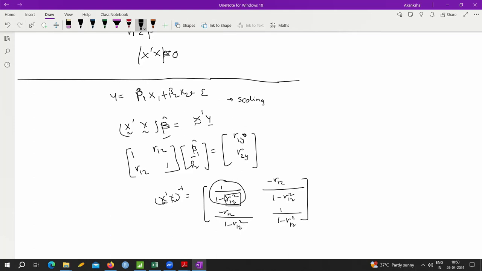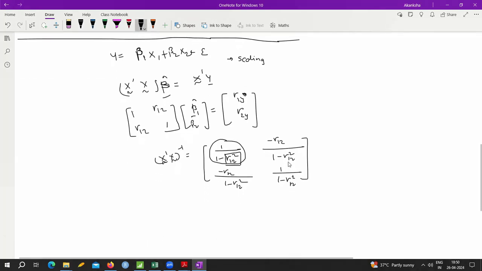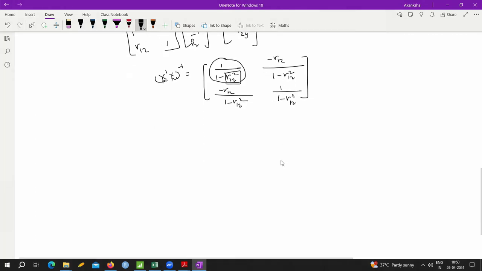In fact, the covariance also has 1 minus r12 square in the denominator, so the covariance will also tend to infinity. So large variances and large covariances, which is nothing but inflation of variance, and that is bad for our estimates because our confidence intervals will be too wide. We won't have any confidence in our estimates.